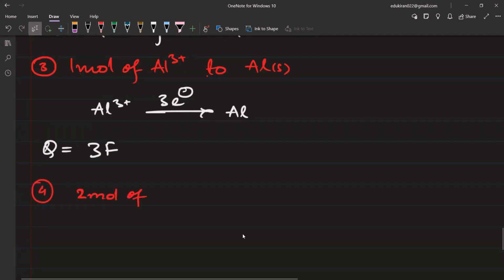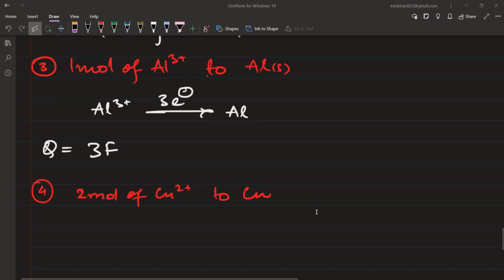2 mole of copper 2 positive to copper. How much Faraday of charge will be required? One.